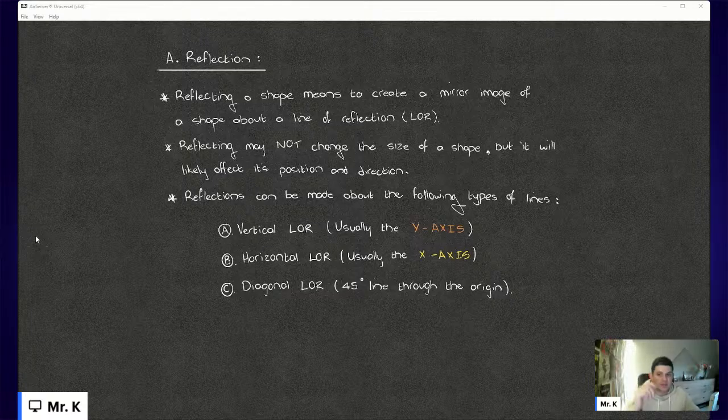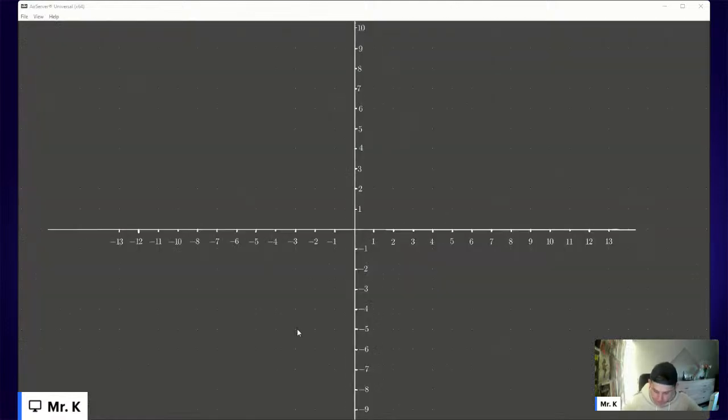Okay. So let's go and take a look very quickly. If I have a grid over here, it's quite clear, guys, that the prominent horizontal line is our x-axis, which I could reflect over. And it's also possible to reflect about the y-axis too, which is the prominent vertical line in a grid that we are working on.